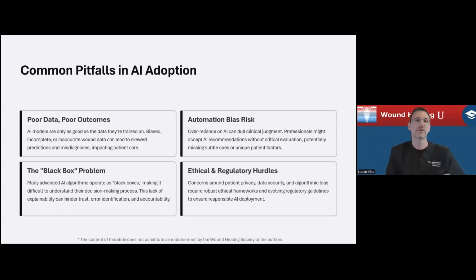So talking about the common pitfalls and common errors when you look at these systems, the old junk in, junk out. Okay, if the system has poor data, it will produce poor outcomes because it learns bad habits. The same thing as if kids learn bad habits, they will behave badly later on in life. That's the same thing as these AI models. We've already hinted at the black box problem.